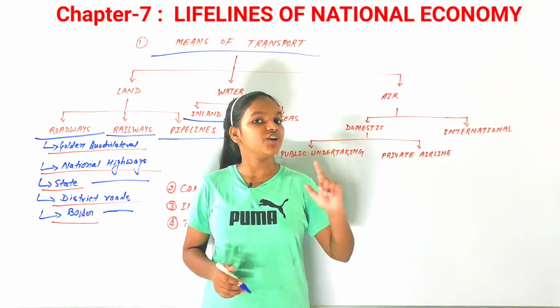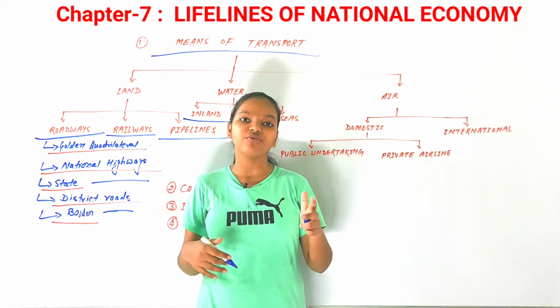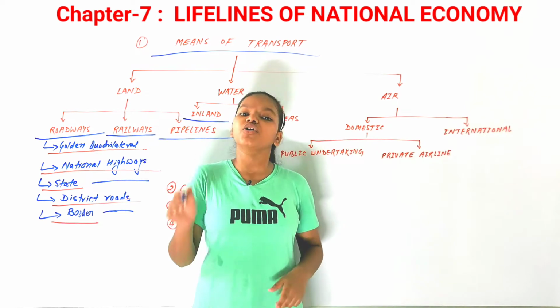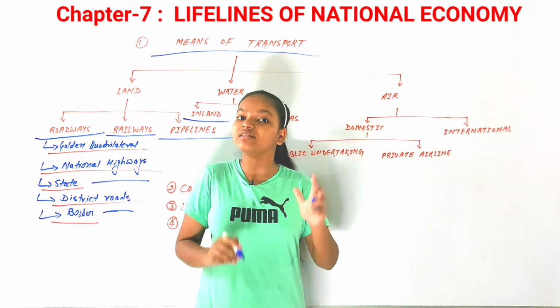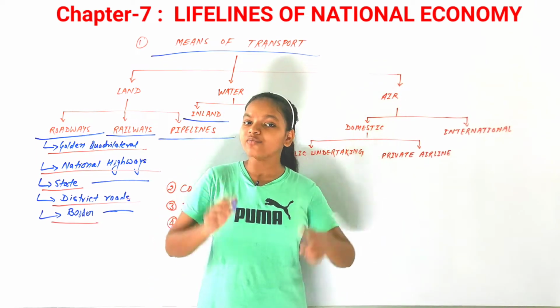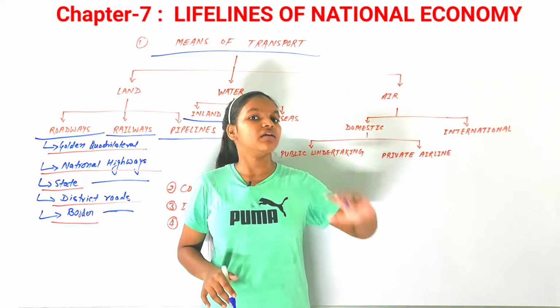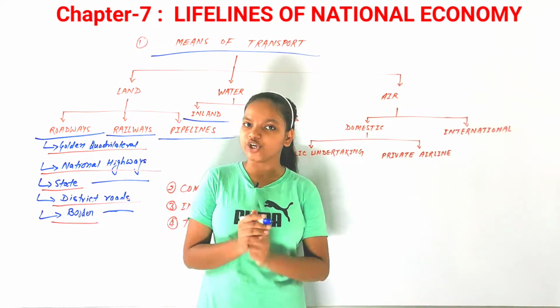Allahabad has a new name, Prayagraj, but in your old edition book the name is written as Allahabad. So the Ganga river between Haldia region and Prayagraj accounts for 1,620 kilometers.